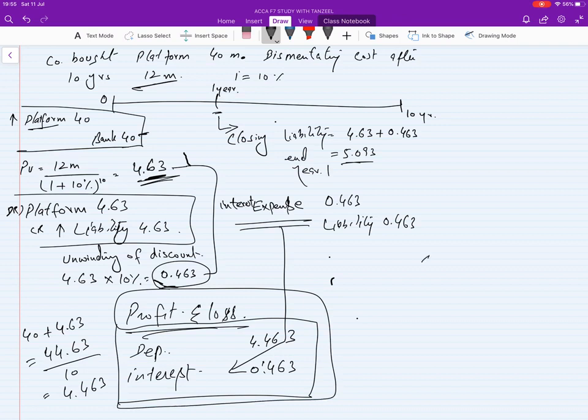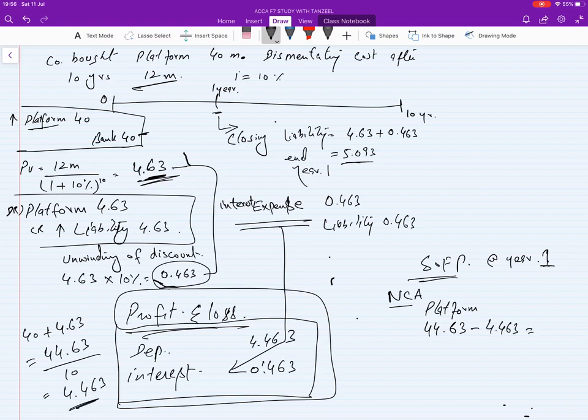And on the SOFP side, non-current asset platform at the end of year 1: the platform was 44.63 minus depreciation of 4.463. So the SOFP platform will be 40.167.